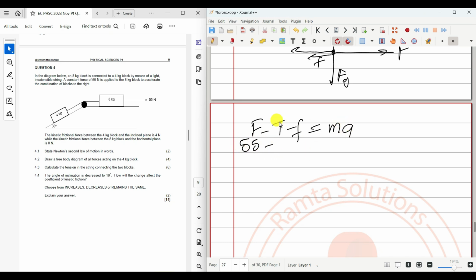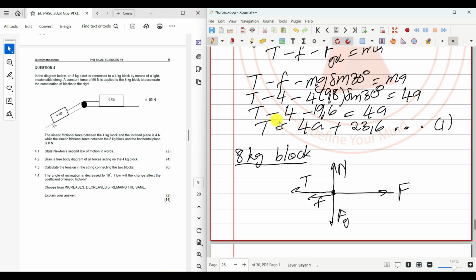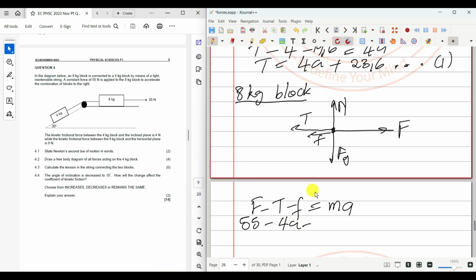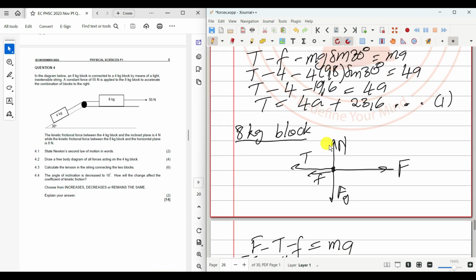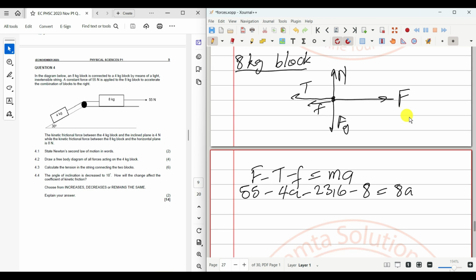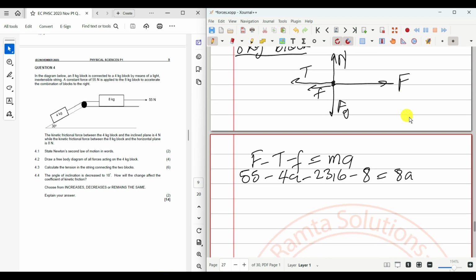What is the tension? We said the tension is 4a plus 23.6. So it's going to be minus, because it's minus here, 23.6. And the friction is 8. The mass is 8. The acceleration we do not know. Proceeding, we have 55 minus 23.6 minus 8.